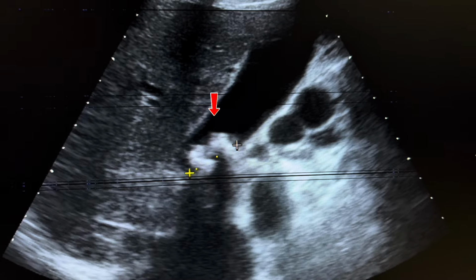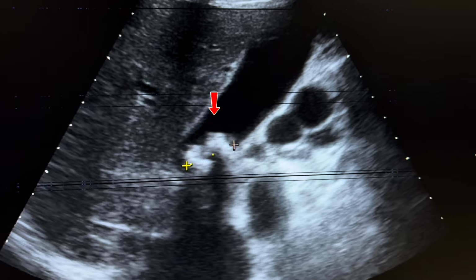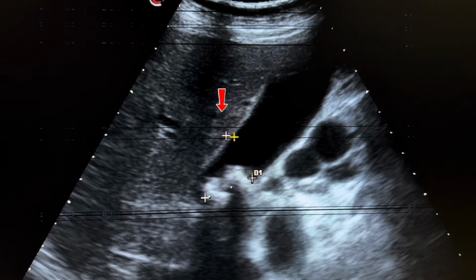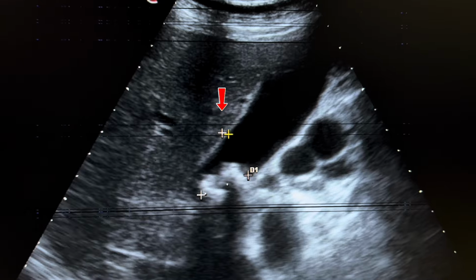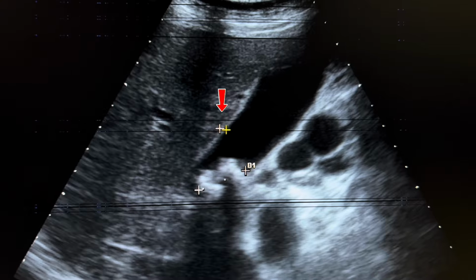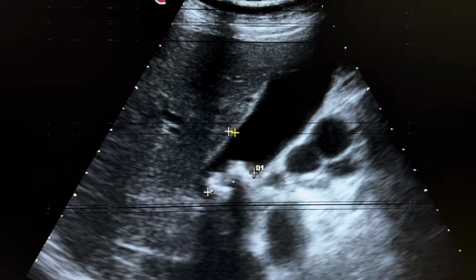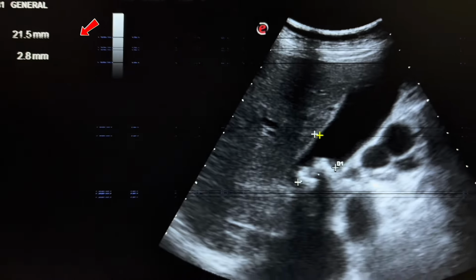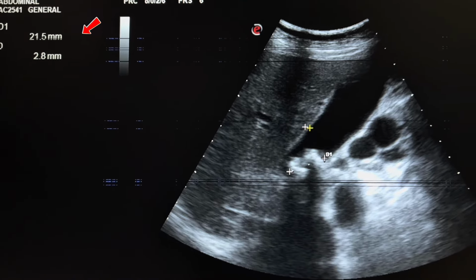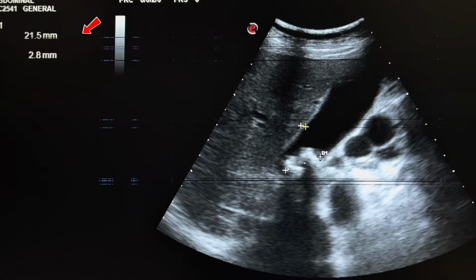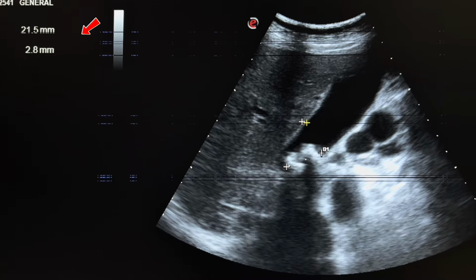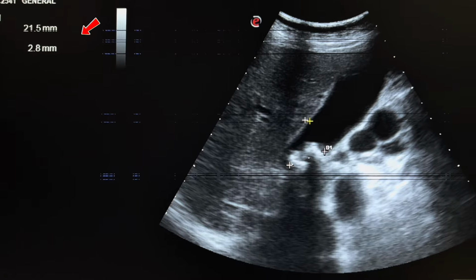Now we will measure the collective size of these stones, and we will also measure the thickness of the gallbladder wall. The collective size of the calculi is 21.5 millimeter and the gallbladder wall thickness is 2.8 millimeter, which is normal. The normal wall thickness of the gallbladder is up to 3 millimeter.